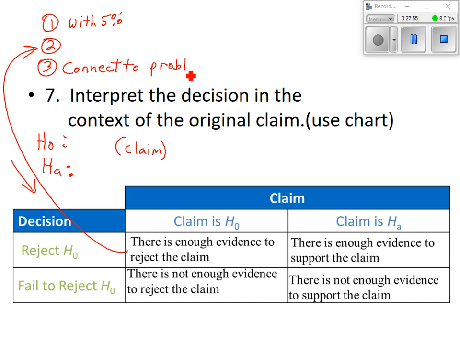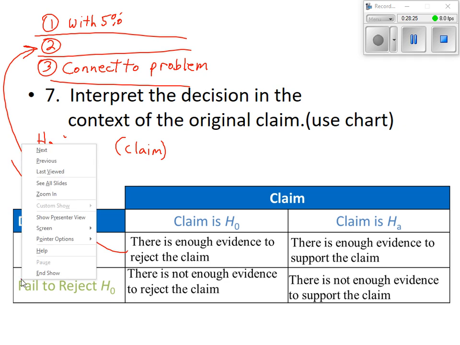So you'll have to put something in there about whatever the problem's talking about. The fisherman claims that they can catch a fish within 5 minutes, or whatever the problem happens to be about. So it's not going to be that hard to write. It's not really a paragraph; I'm sure your English teachers wouldn't consider it a paragraph. But the first part is that, the second part is one of these statements, and the third part connects it to the problem, and you have to write that every time.